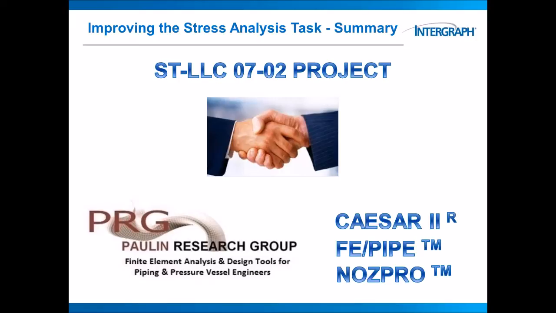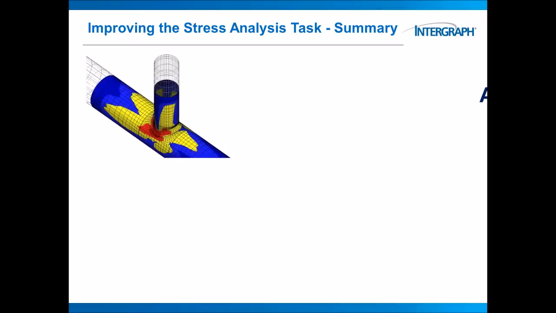Good morning. So anyway, Tony was the original author of CAESAR II, and he's also the author or co-author of FE Pipe and Nozzle Pro, finite element analysis tools for our industry. The STLLC0702 project was awarded to Tony and his team.